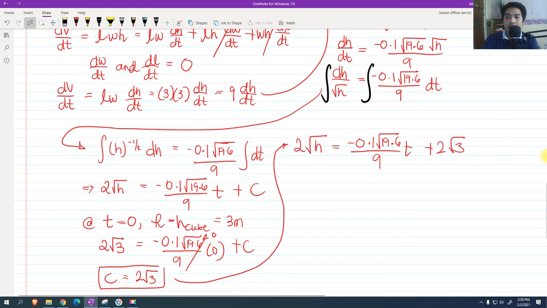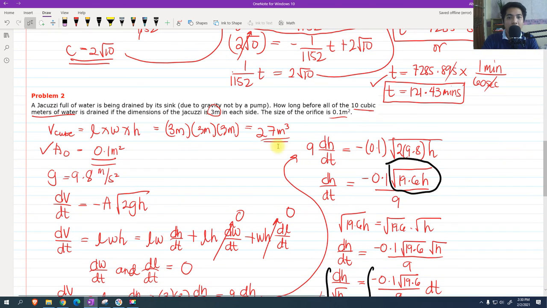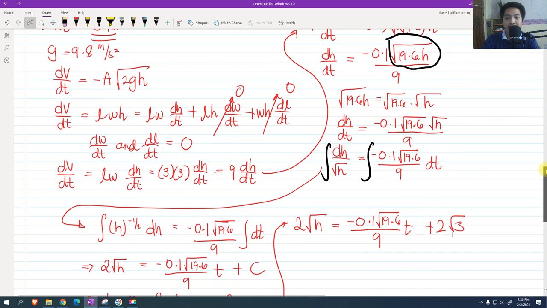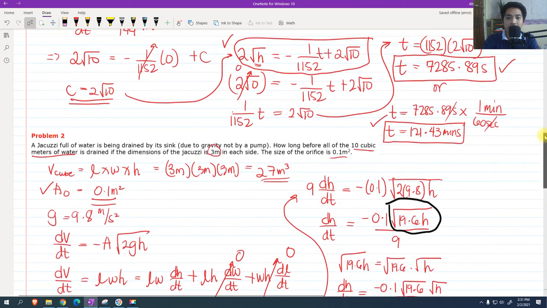So the problem is asking us how long before all the 10 cubic meters of water is drained? The question is actually asking for the time it takes for the 10 cubic meters of water to drain.